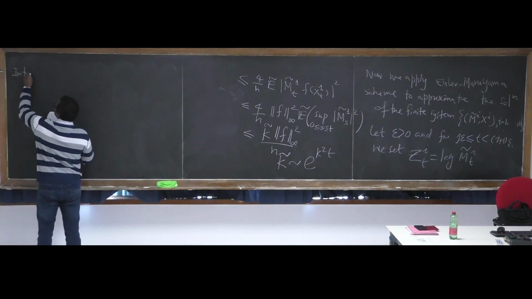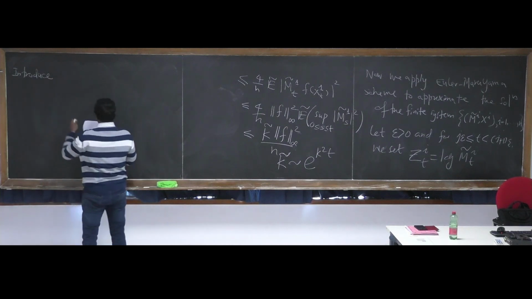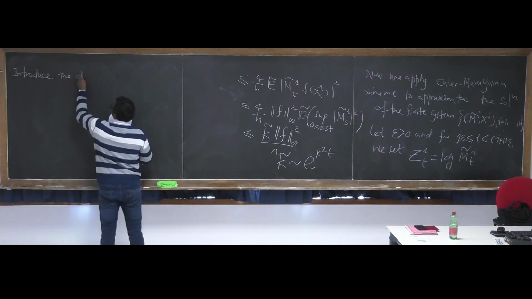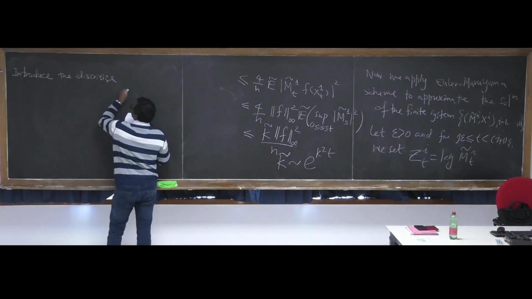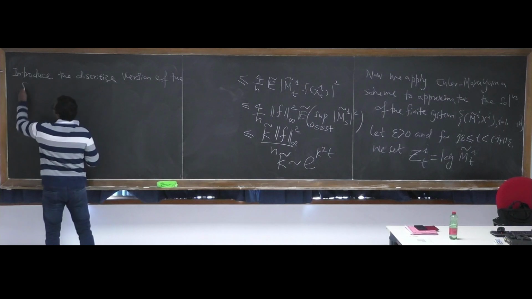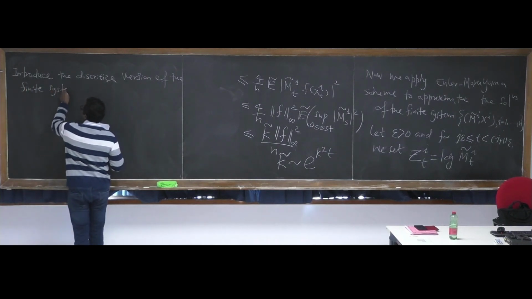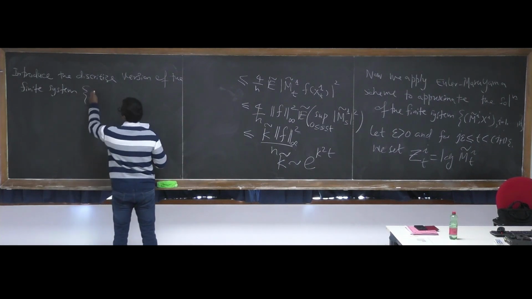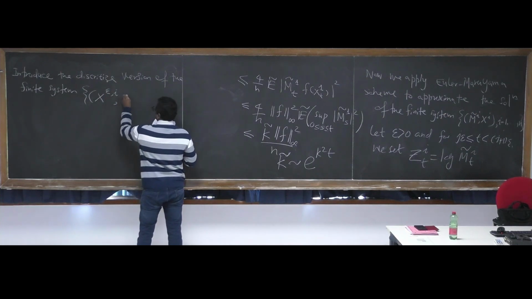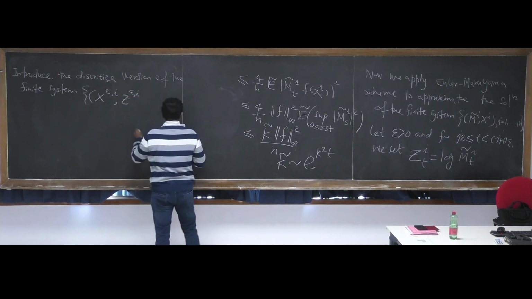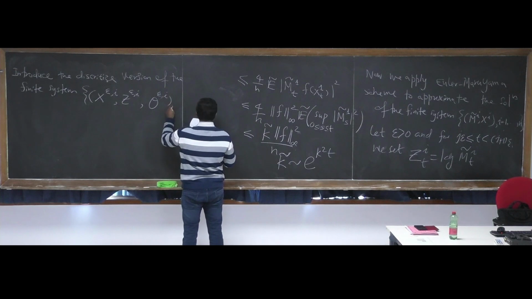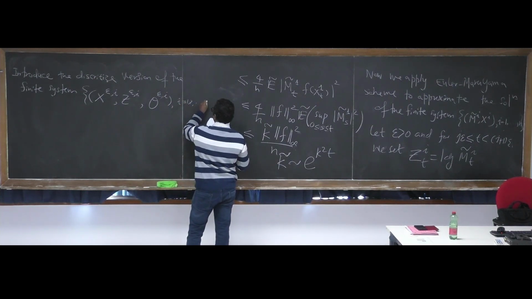So we introduce the discretized version of the finite system, which we denote as x epsilon i, z epsilon i, and theta epsilon, where i runs from 1 to n.